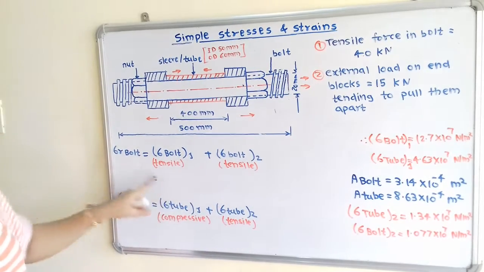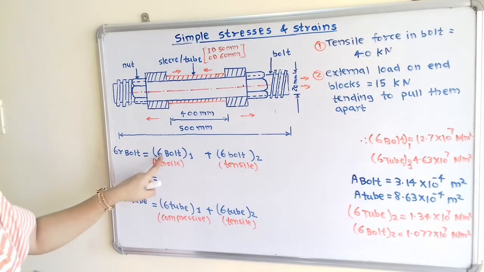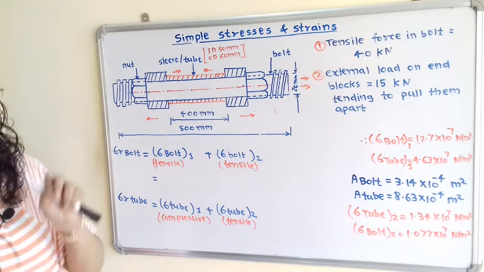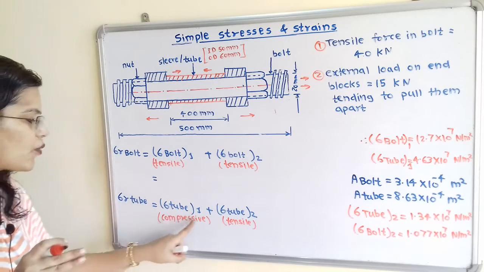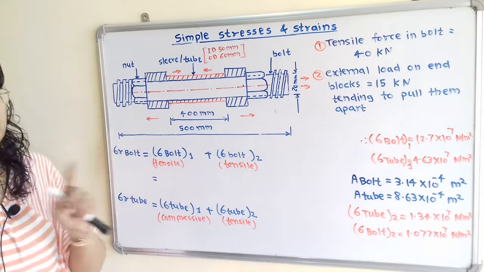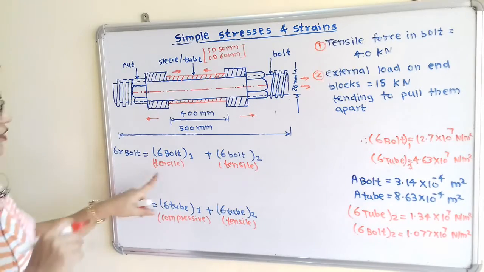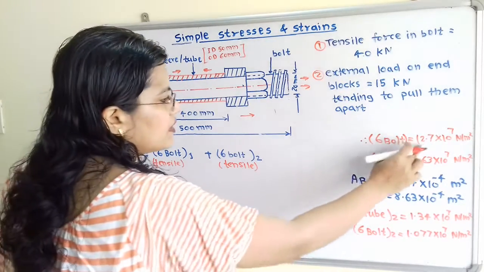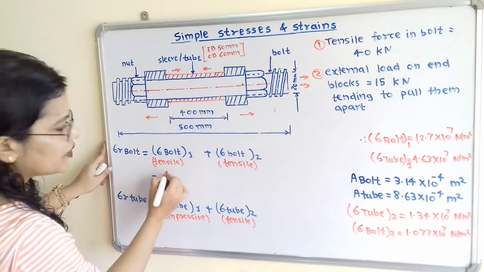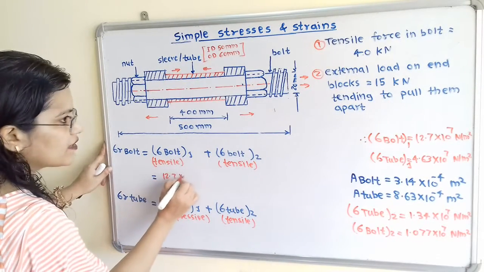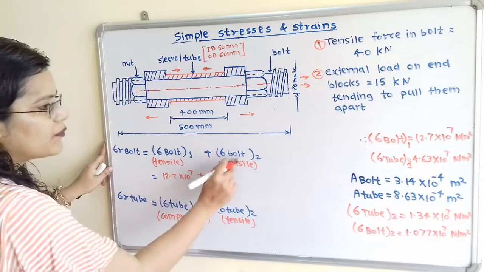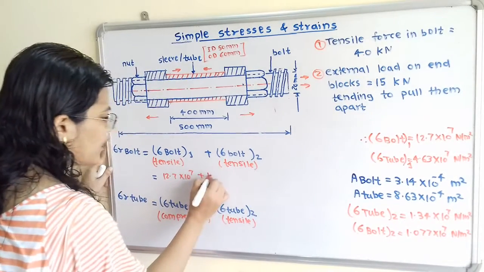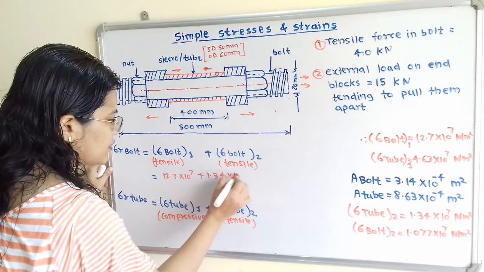Now it is important to calculate this. So for the tensile force we will give the positive magnitude, and for compressive force or stress we will give the negative magnitude. So here for bolt 1 it is 12.7 into 10 raised to 7 plus sigma bolt 2, it is 1.34 into 10 raised to 7.